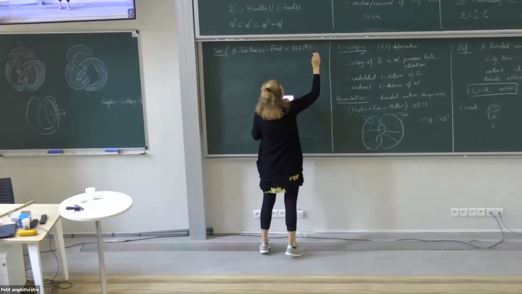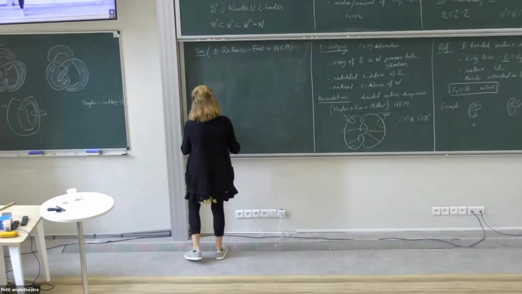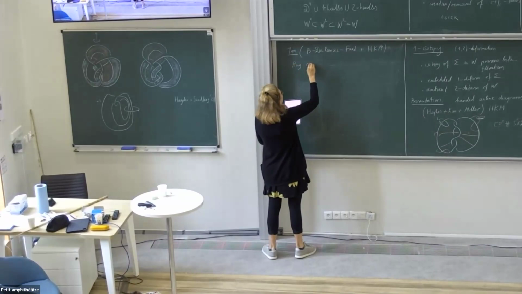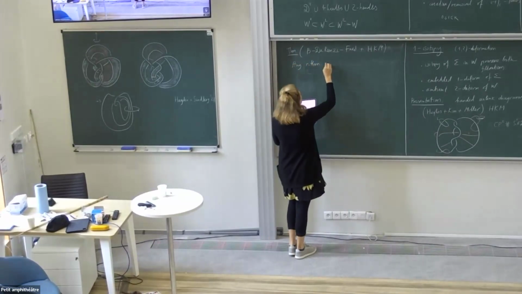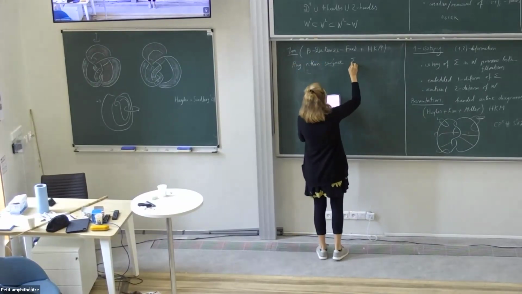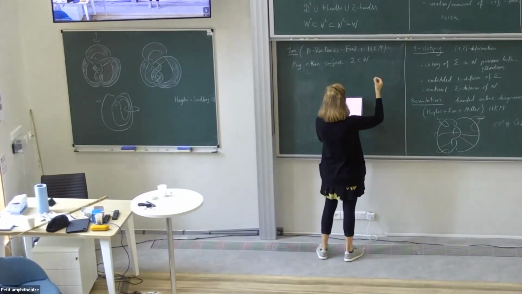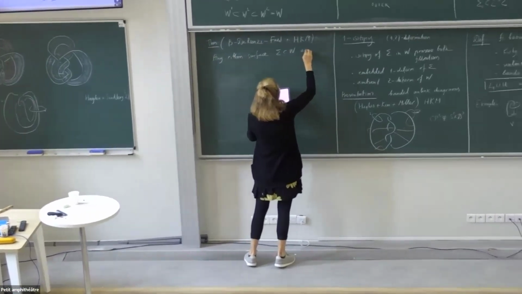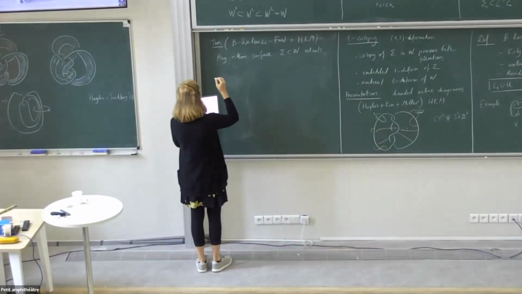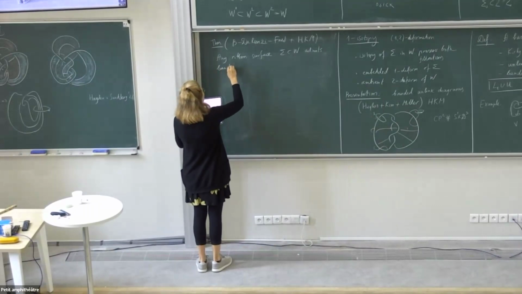So basically, throw away a few of their moves, and so we prove that any even surface in the above sense admits such a diagram, which is called a bounded unlink diagram.